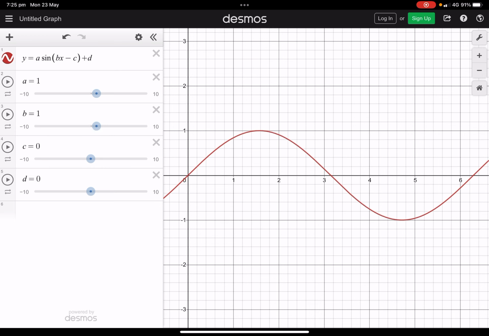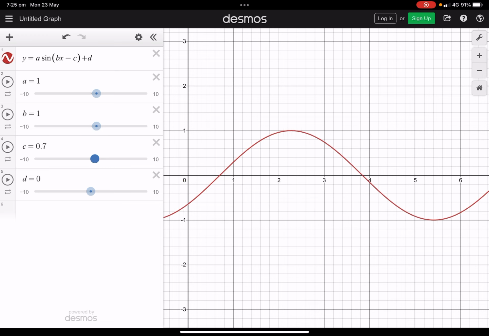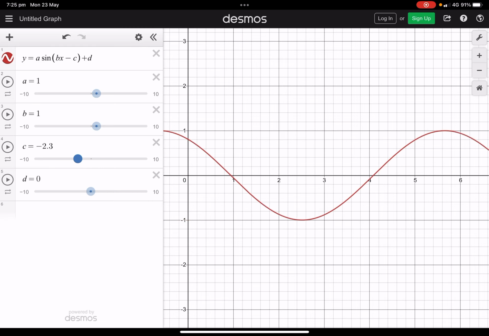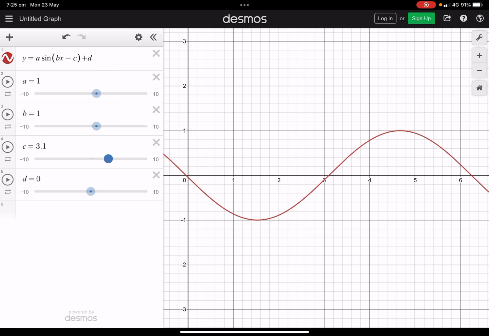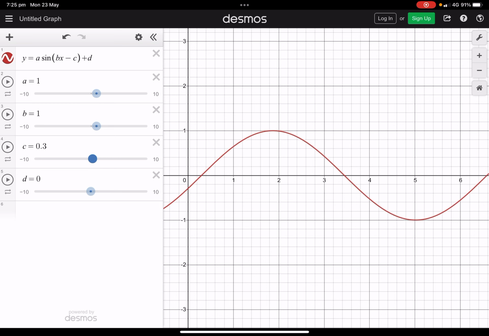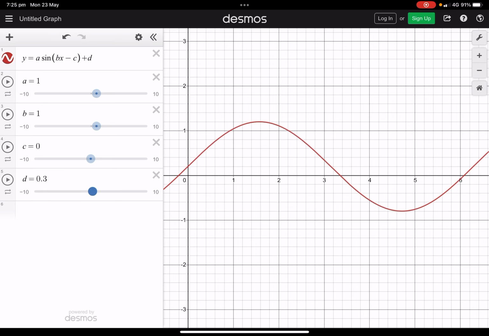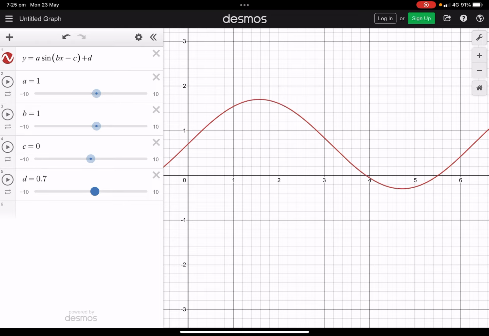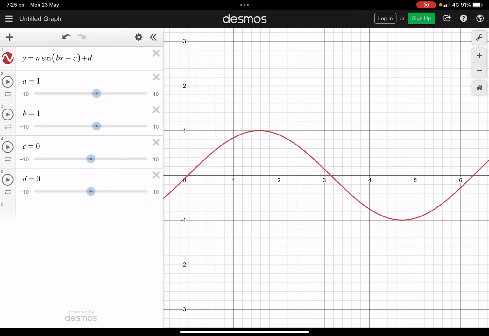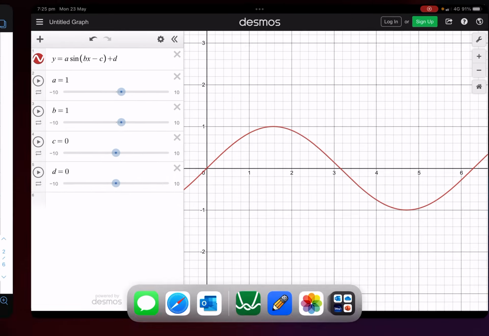Now c, as you can see, is a horizontal translation. And finally, D, which you could probably guess, is our vertical translation. It's really important to have those facts down.